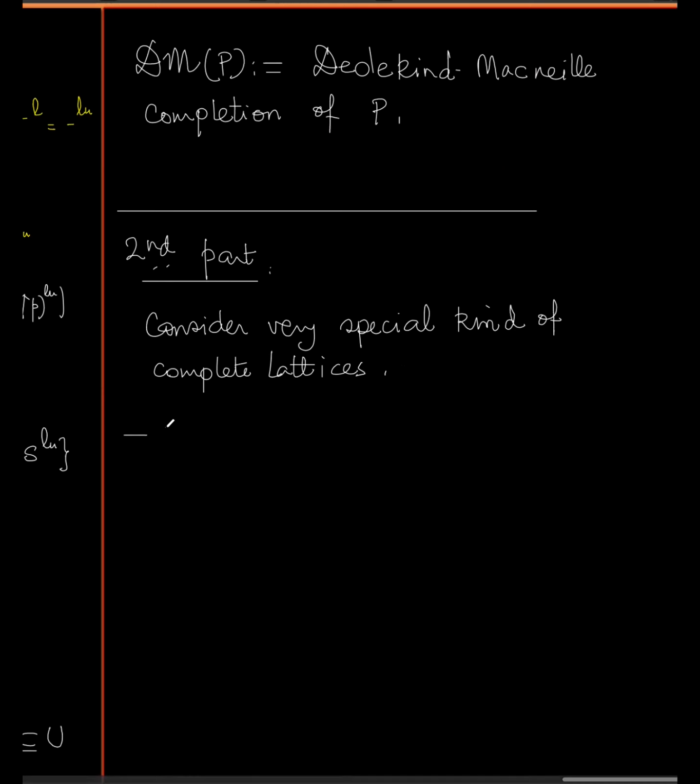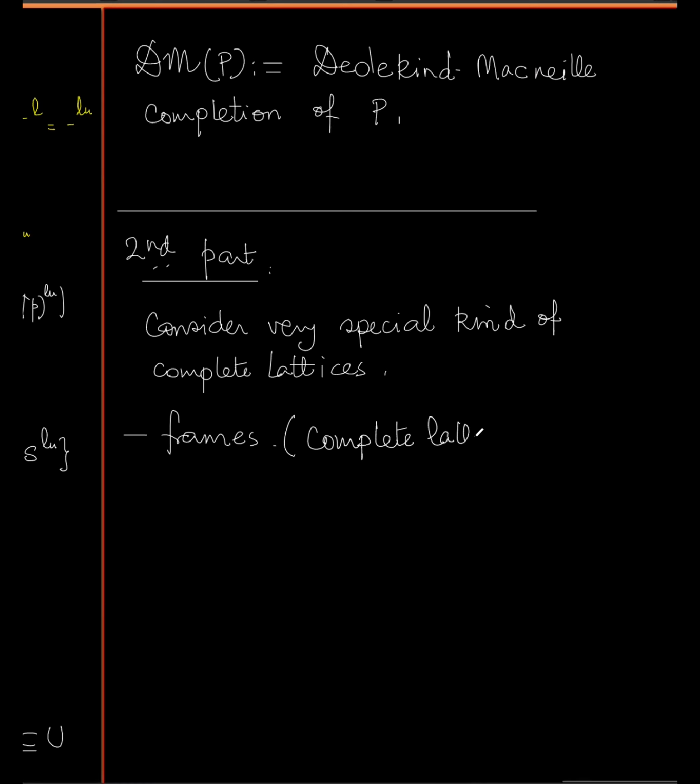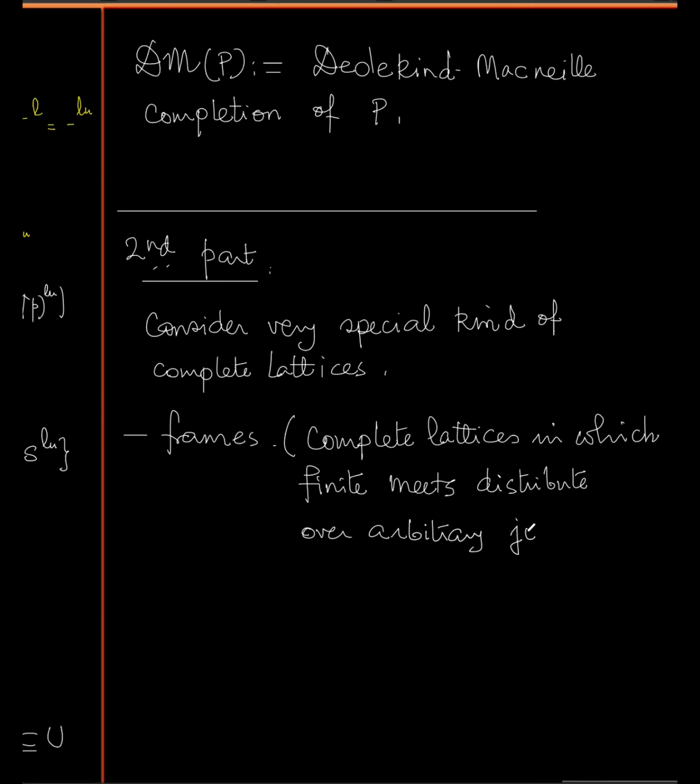These are called frames. These are complete lattices in which finite meets distribute over arbitrary joins.